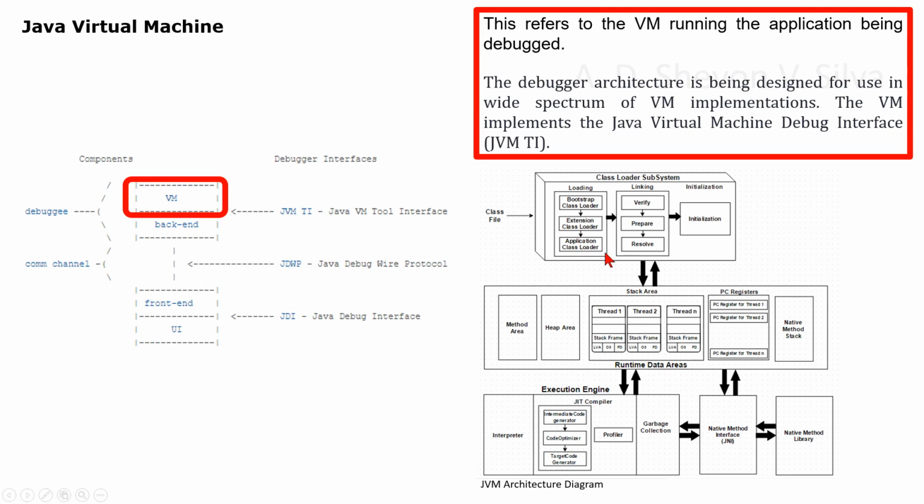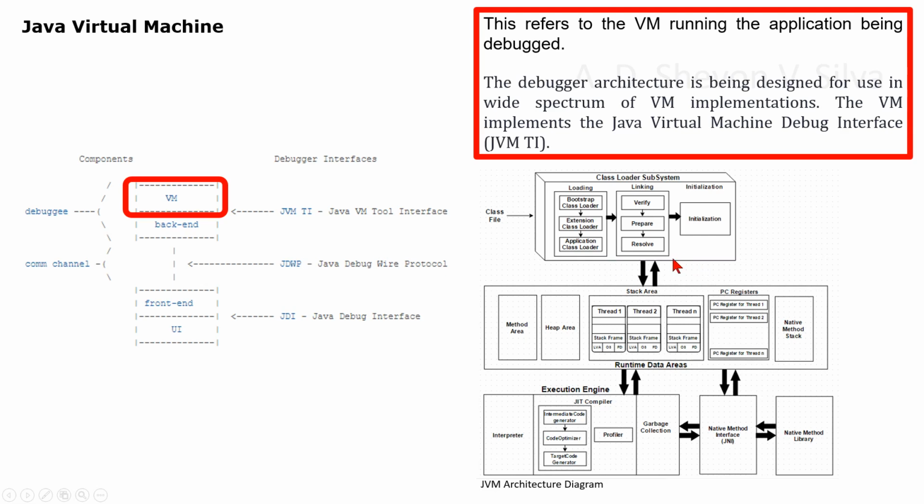Application class loader is responsible for loading the application level class path, environment variable, etc. These class loaders will follow the delegation hierarchy algorithm while loading the class files.